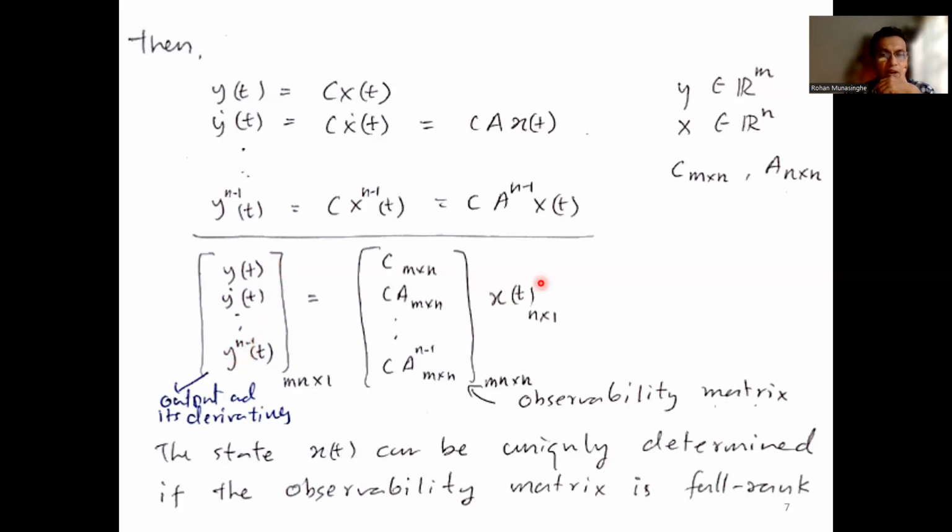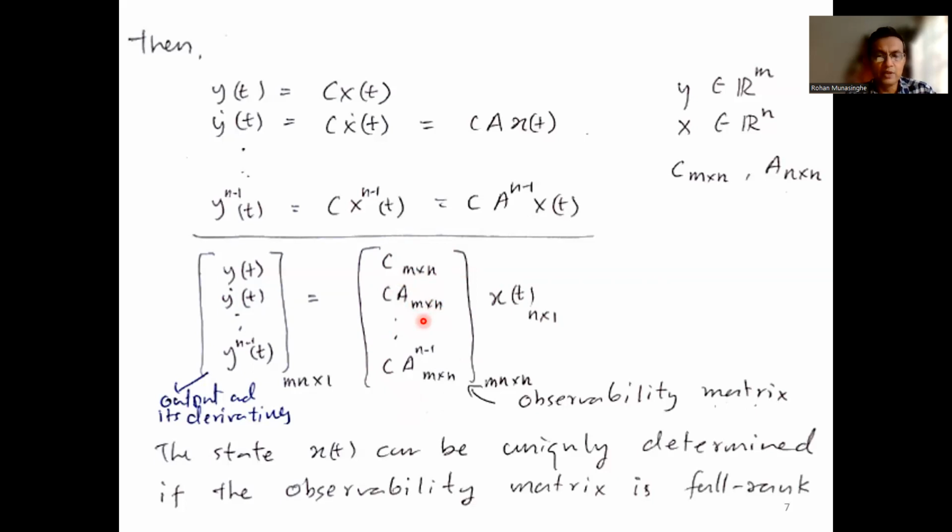So if you want to find out a unique solution here, for any xt, any deflection initially, for the plant to go back to 0, then this matrix in between, Cm minus m times n, Ca m times n, they are all m by n matrices.